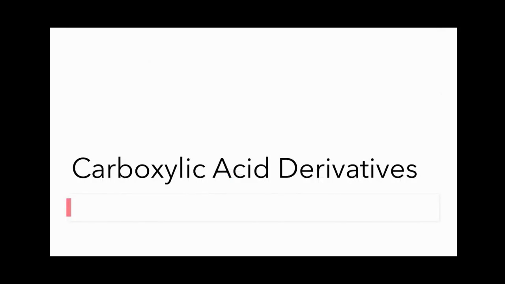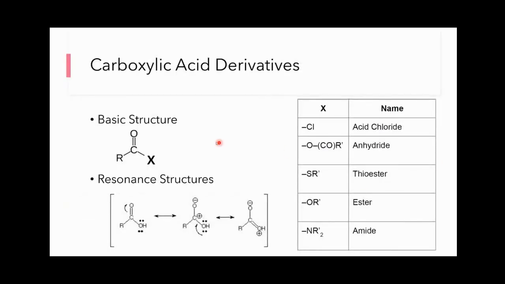Okay. So we'll move on to the different kinds of derivatives for carboxylic acids. The basic structure has the carbonyl with a special group over here. If we have any of these, they would have their respective names.